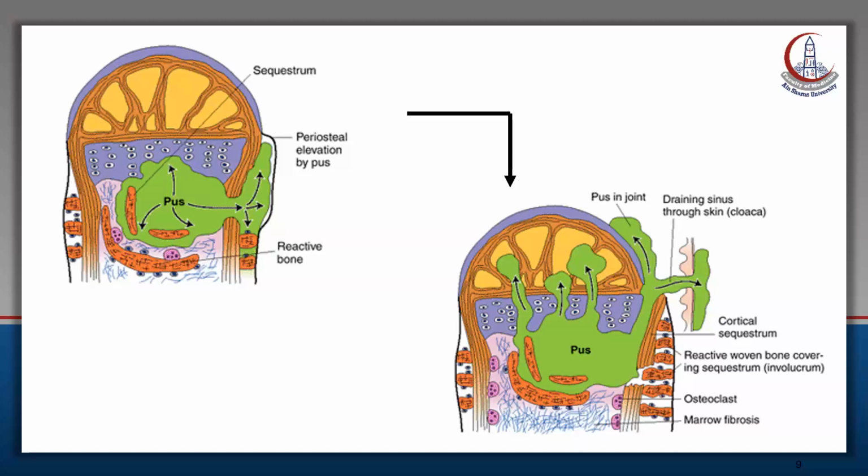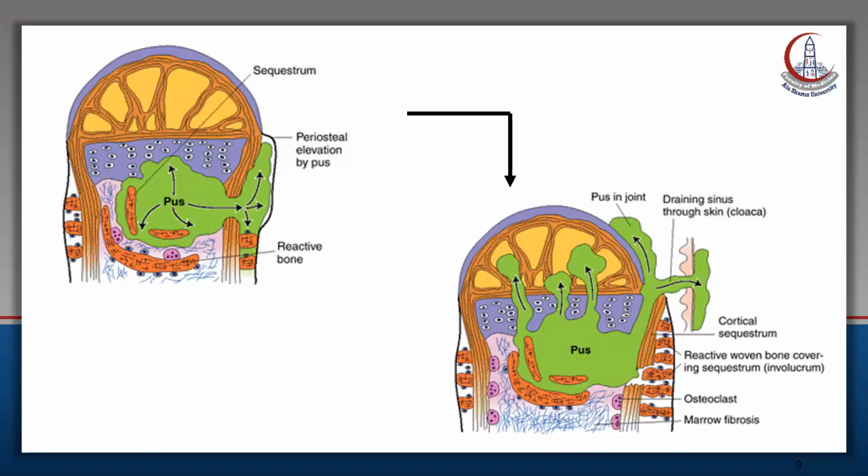Is it clear? Then it may be complicated, if chronic osteomyelitis occurs with no proper treatment, by a draining sinus through the periosteum, so the whole joint space may be affected, and this part of the bone is called a sequestrum.